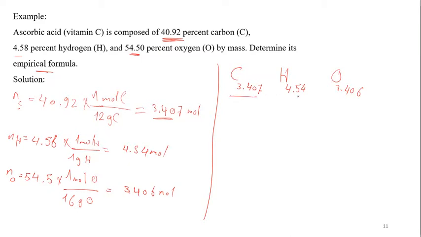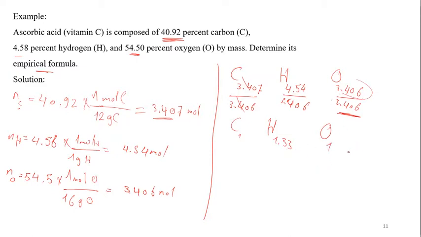If I divide all of them by 3.406, this means my carbon now, if I cancel this with that, is approximately equal to C1, and hydrogen should be equal to 1.33, and the oxygen here, 3.406 divided by 3.406, is equal to 1.